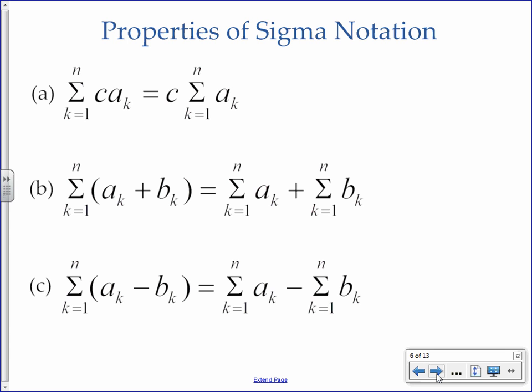If you are taking the sum of two sequences, you can separate them out and find the sums separately. And same thing with difference, because addition and subtraction are very much related.